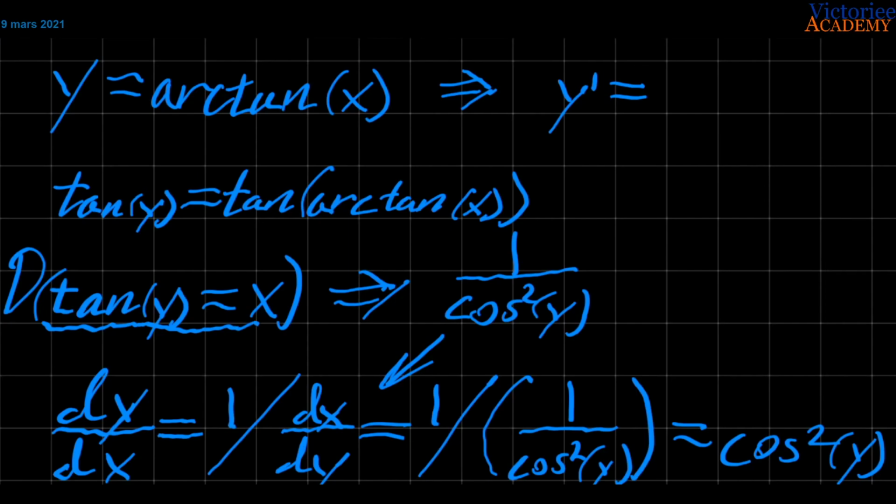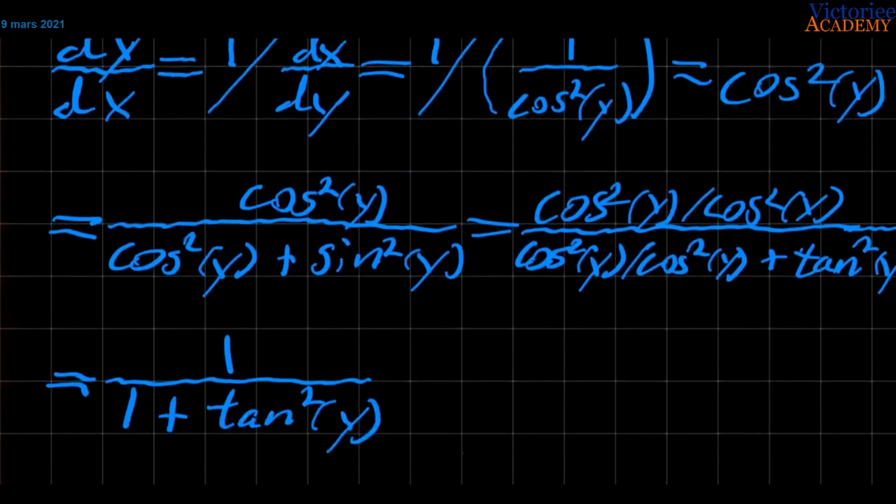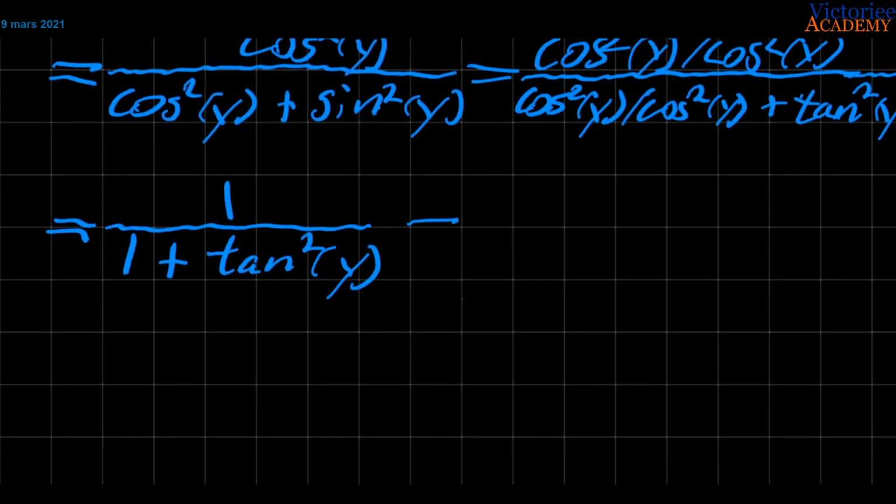That tan of y equals x, since arctan is the inverse of tan. So if we use this substitution down here, we get 1 plus x squared in the denominator. So 1 over 1 plus x squared.